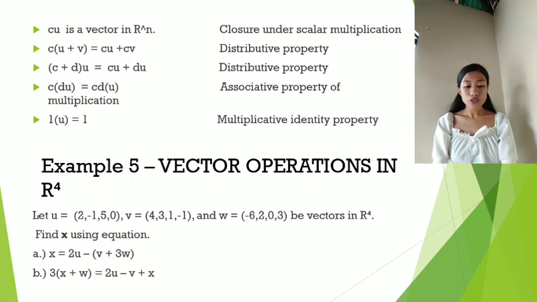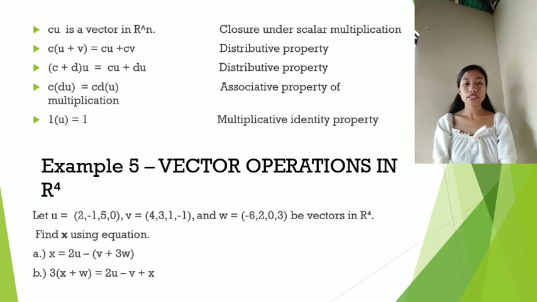Now, let's take a look at example 5, the vector operation in R raised to 4. Let u is equal to (2, -1, 5, 0), v is equal to (4, 3, 1, -1), and w is equal to (-6, 2, 0, 3) be vectors in R raised to 4.